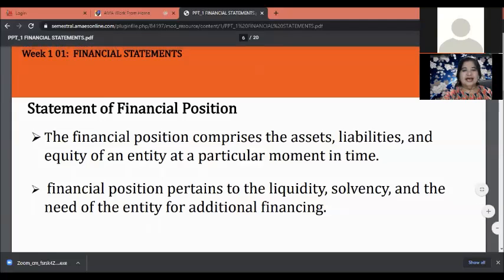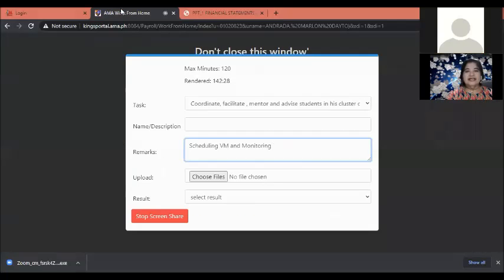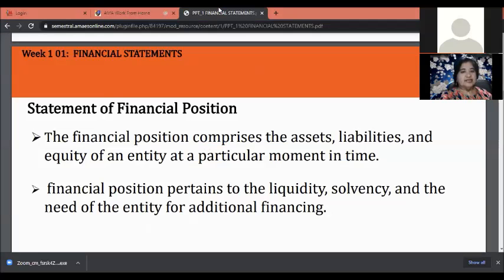Our IS, you call it also the comprehensive statement of income. Okay, financial position pertains to the liquidity, solvency, and the need of the entity for additional financing. So we have the terms liquidity, solvency, and profitability.